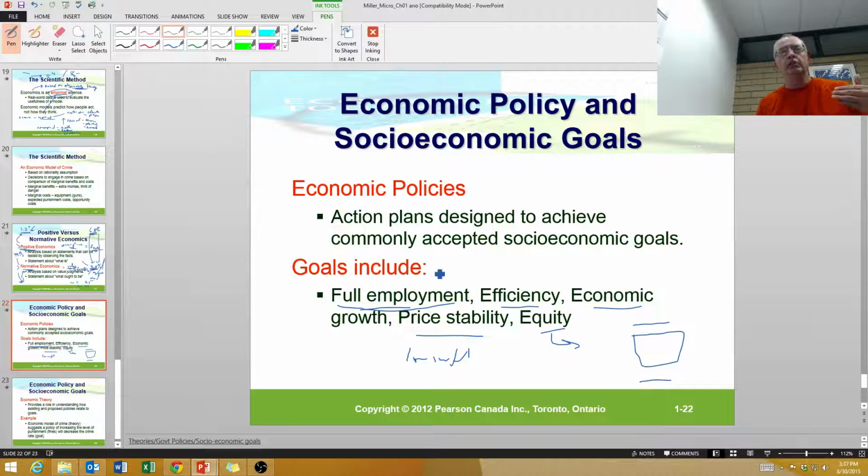So the government has certain economic goals, and in order to achieve those goals, the government has to come up with plans. And those economic plans of governments are known as economic policies. It's really based on normative economics, because the government comes up with policies to achieve these goals.